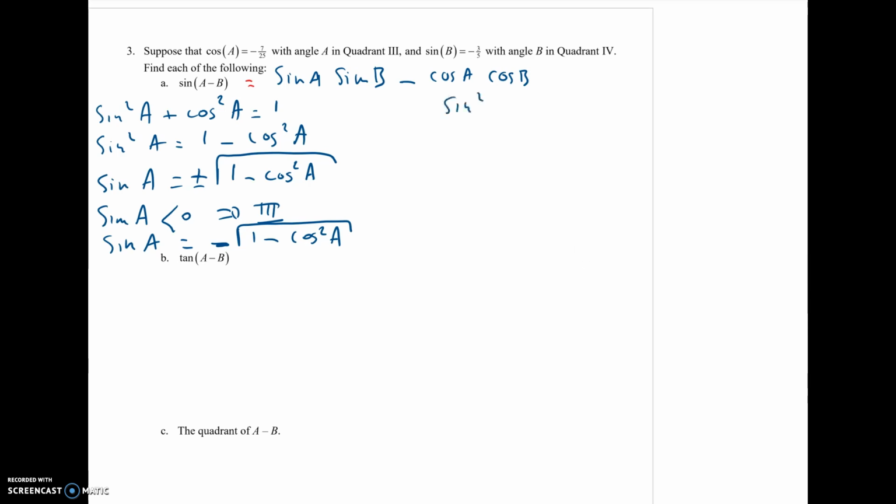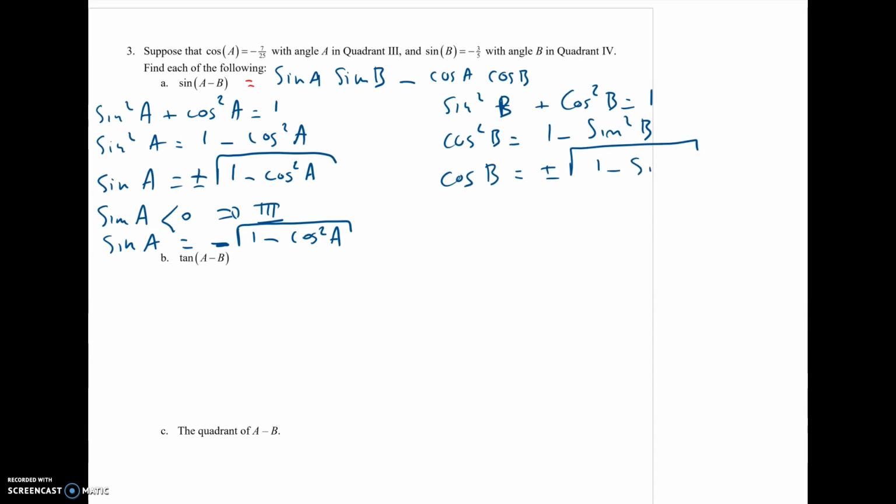Let's apply exactly the same process for the angle B. Sin²B plus cos² of the angle B equals 1. But this time what I'm looking for is cos. So cos²B equals 1 minus sin²B. If I take the square root, I end up with cosine of the angle equals plus or minus the square root of 1 minus sin²B.